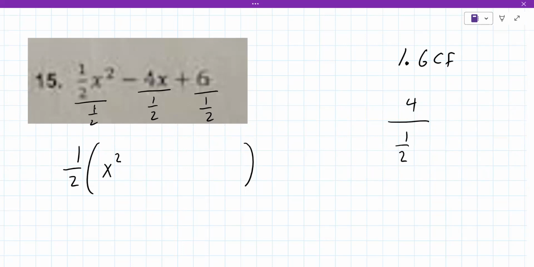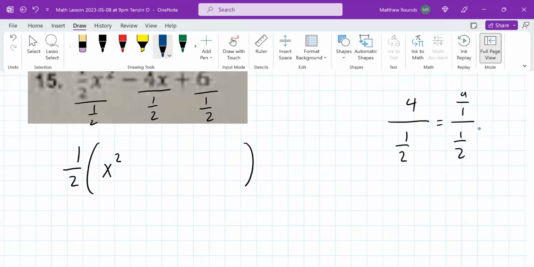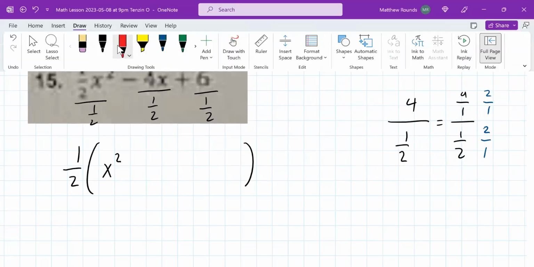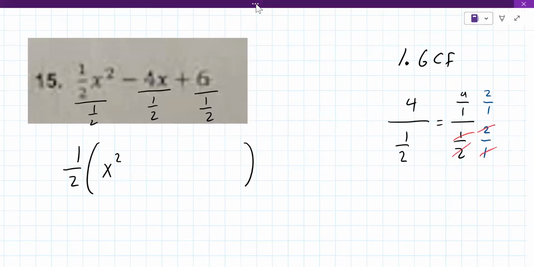What do you think? 2. So it's like multiplying by the reciprocal. So 4 is really 4 over 1. And then when you multiply by the reciprocal here of the bottom, 2/1, do you see how on the bottom everything cancels? But on the top you get 8.